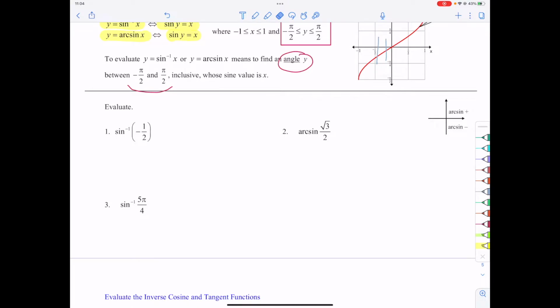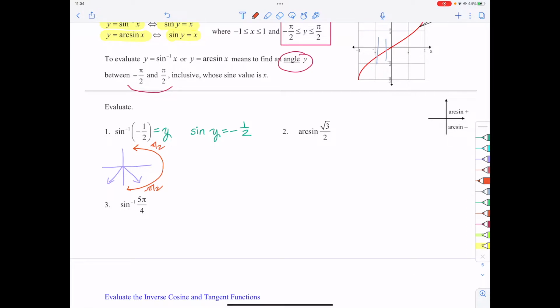We have the sine inverse of negative 1/2. We'll set that equal to y, and then we will say that the sine of y is equal to negative 1/2. Now, where is the sine negative? The sine is negative in quadrant 3 and quadrant 4. However, we have a restriction, negative pi over 2 to pi over 2.